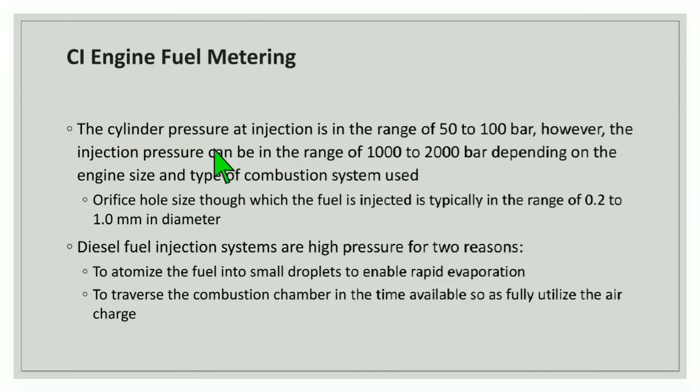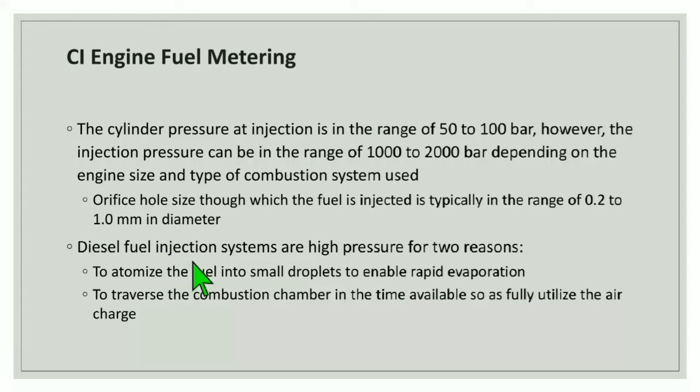The cylinder pressure at injection is in the range of 50 to 100 bar. However, the injection pressure can be in the range of 1000 to 2000 bar depending on the engine size and type of combustion system used. Orifice hole size, through which the fuel is injected, is typically in the range of 0.2 to 1.0 mm in diameter.